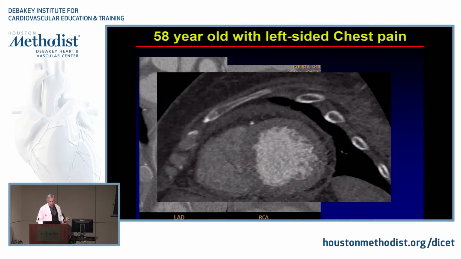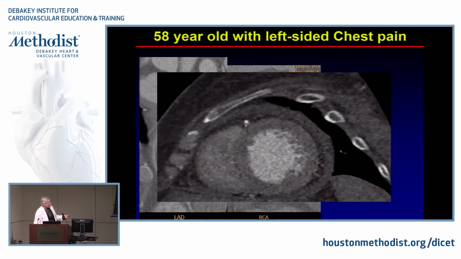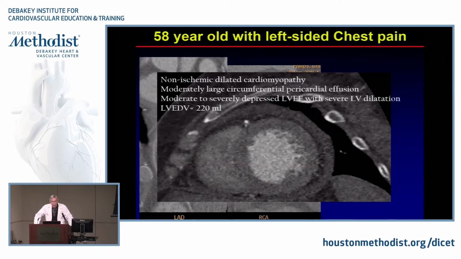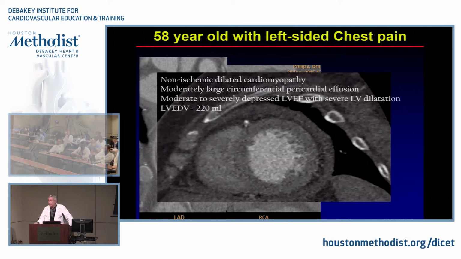As you can see from the EF, both the left side and the right side were moderate to severely hypokinetic. The right ventricle also is not moving well at all, and you can see this circumferential pericardial effusion. So this was a case of non-ischemic dilated cardiomyopathy. The patient had a moderately large circumferential pericardial effusion. The EF was depressed with LV dilation, etc.